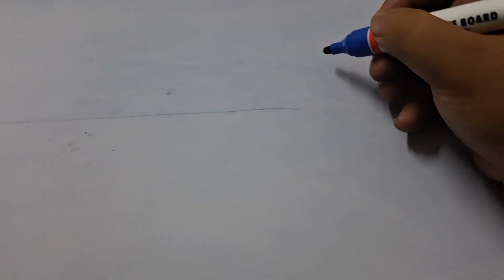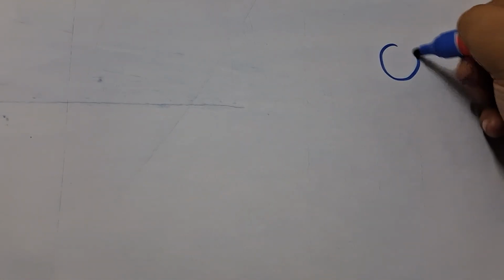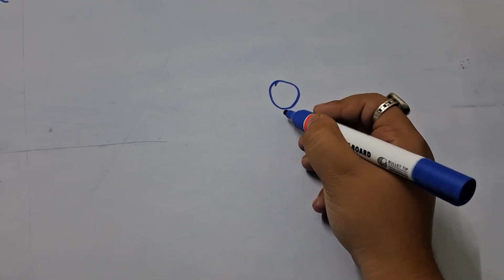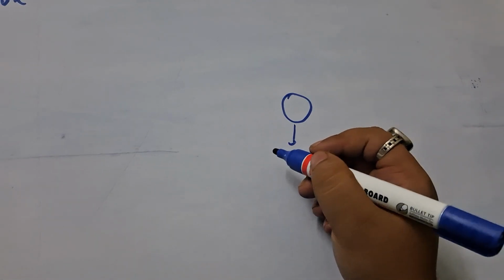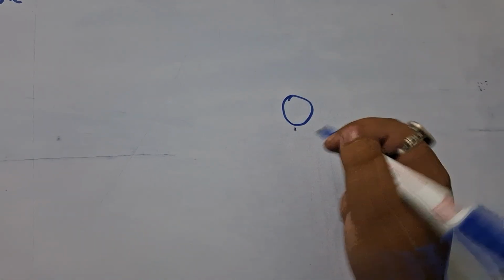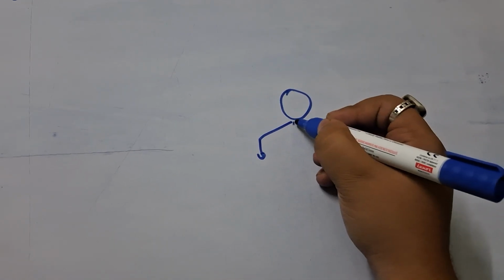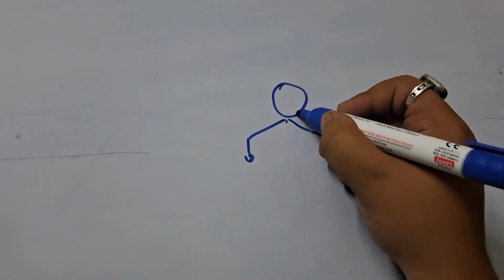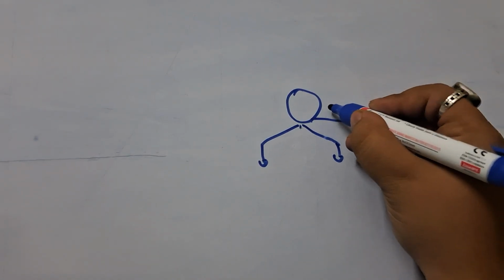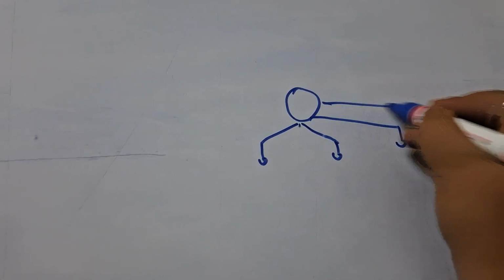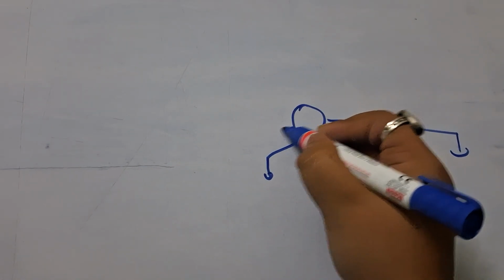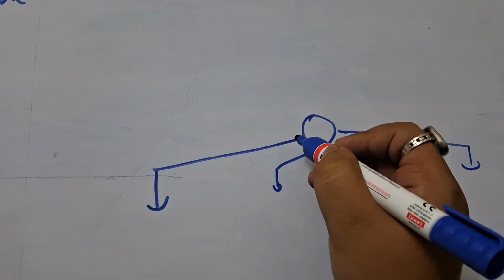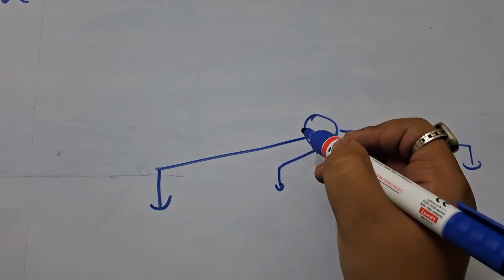Now let's write oxygen. First, let me just draw all the lines before I start. 2, 3, 4, 5, 6.